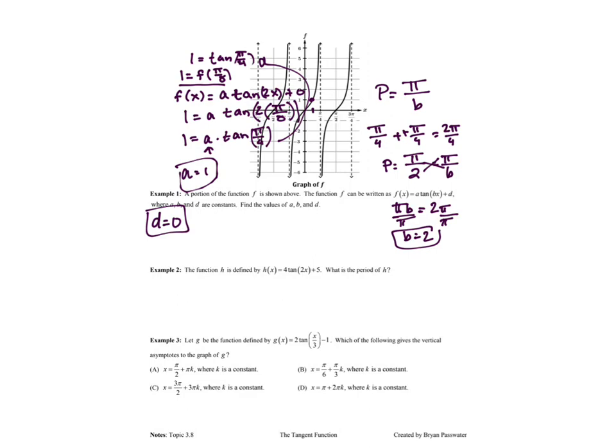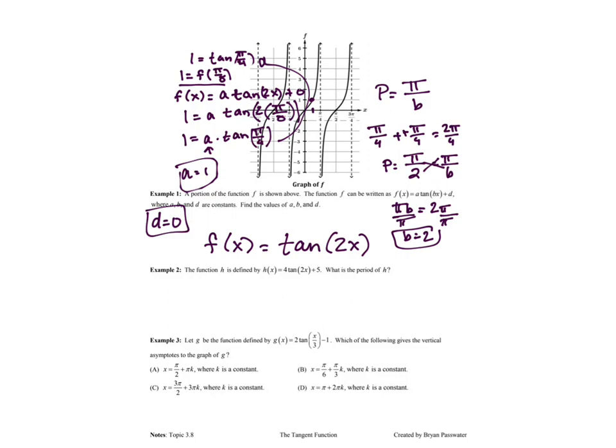Okay. Number 2. Okay, so what's the function here? F of x is equal to tangent of 2x. So on the parent function, it goes through 1 at pi over 4.